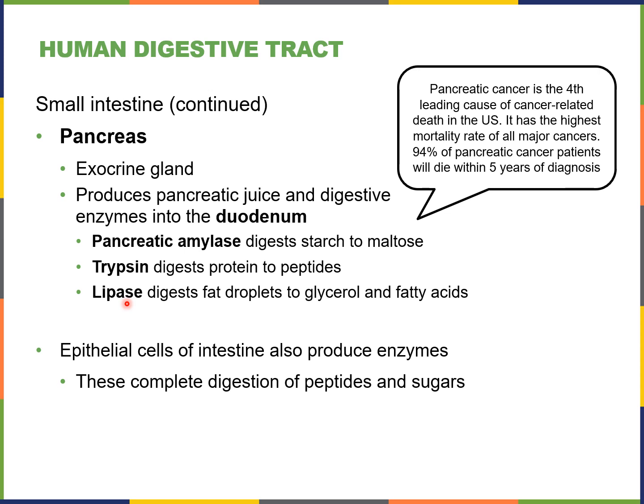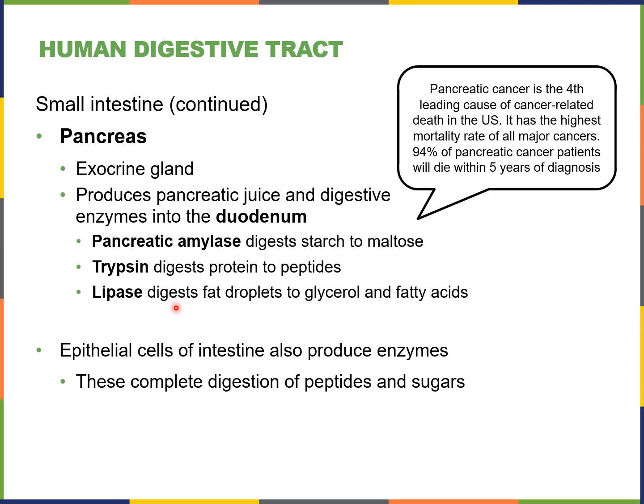So backing up a step here, remember from when we talked about metabolism that we have these macronutrients. There's 4 macronutrients: proteins, carbohydrates, lipids or fats, and nucleic acids. We're taking in all of these through our diet, but we're breaking down our starches or carbohydrates here with pancreatic amylase, trypsin digesting protein, and lipase digesting those fats or lipids.